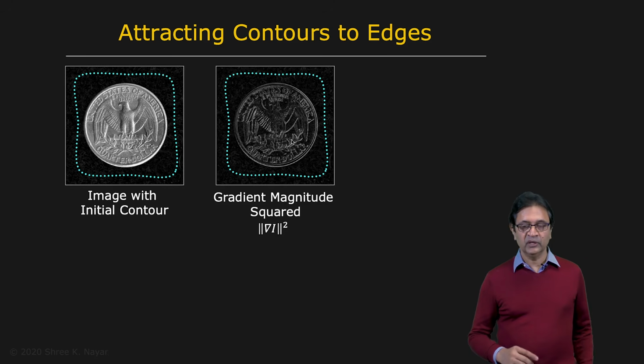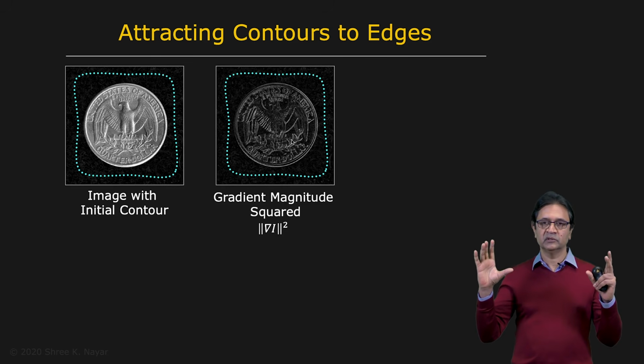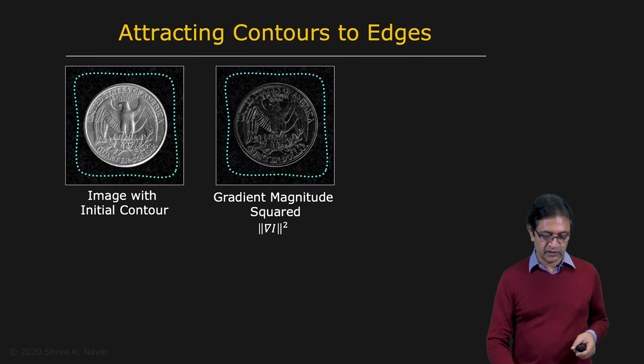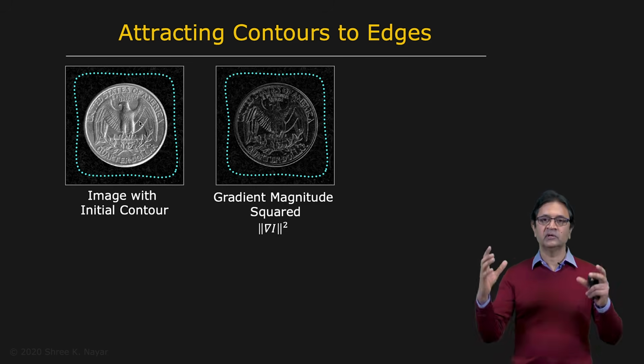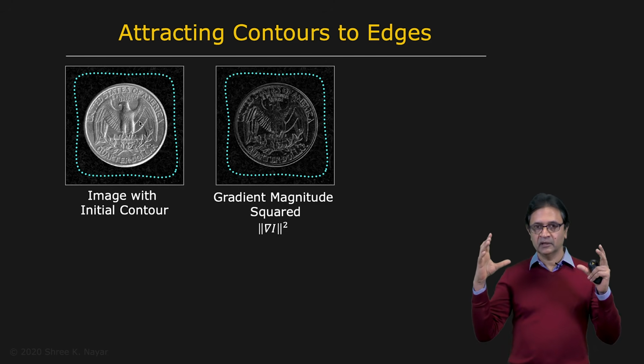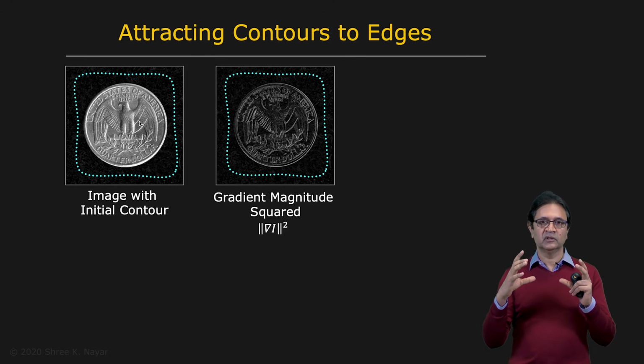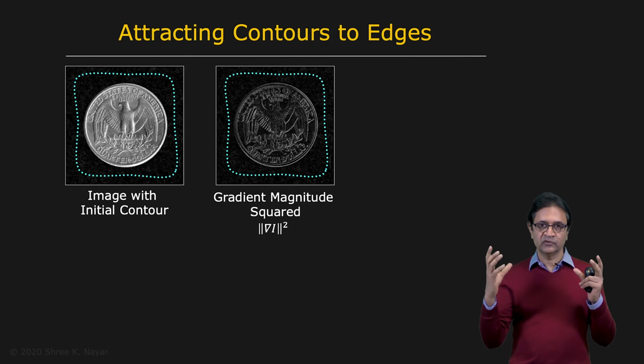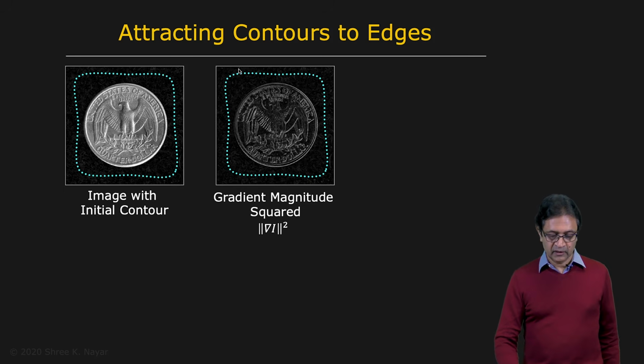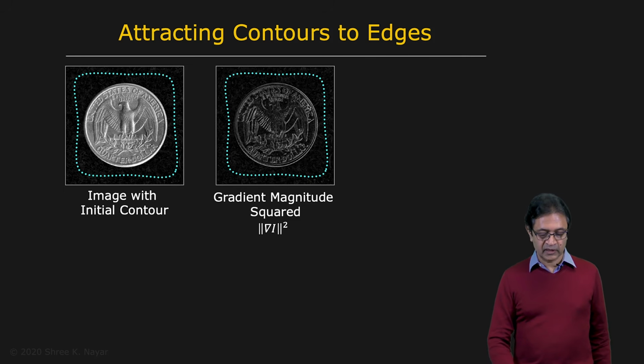So now, we need to somehow take this initial contour, which is sitting around this object, in our simple case, the coin, and we want to have it actually drawn in to the object itself. You need some forces, something that makes it evolve over time and come closer to the object and latch onto it.